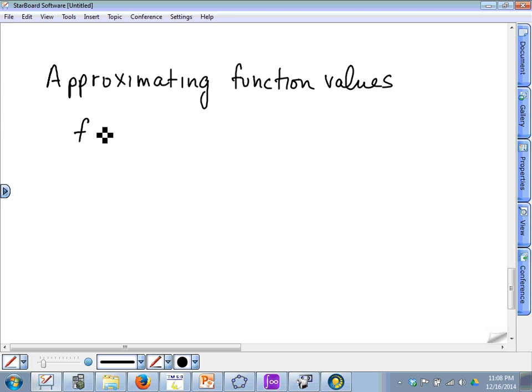So let's say we're asked to find the value of a function at x plus delta x.